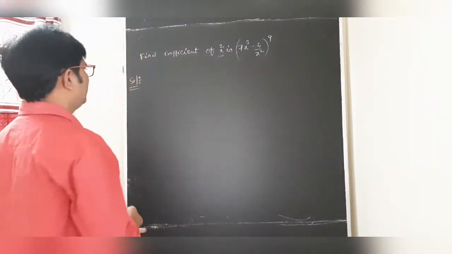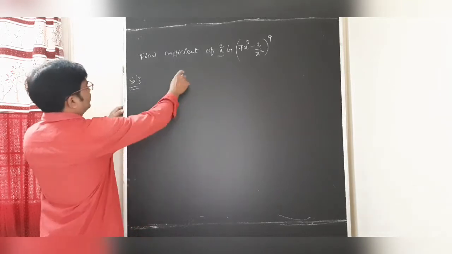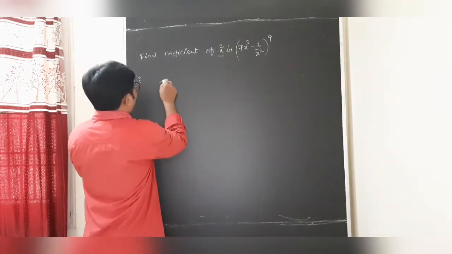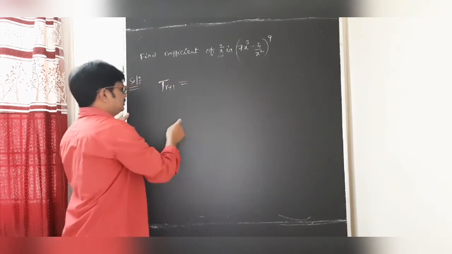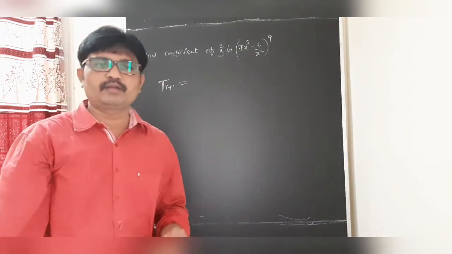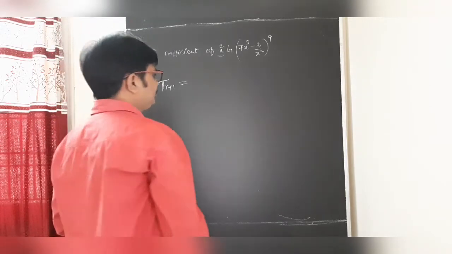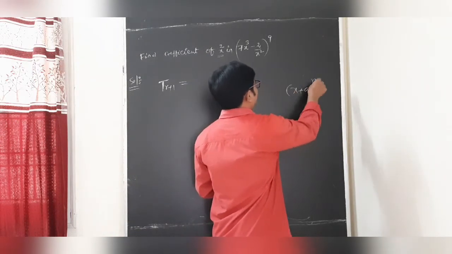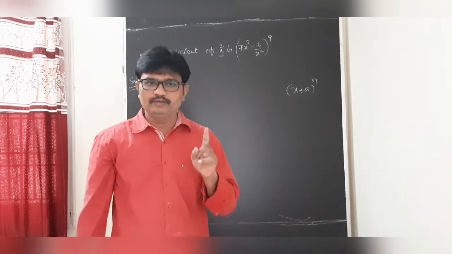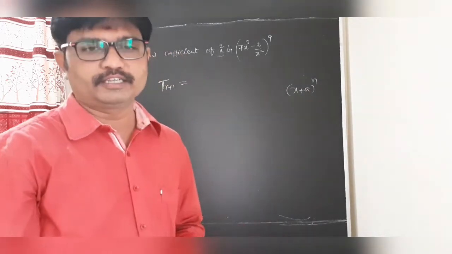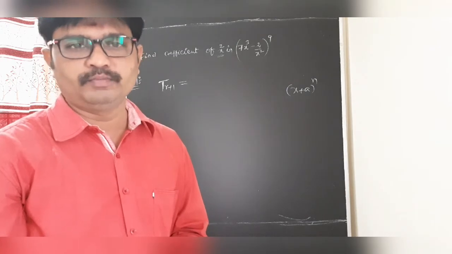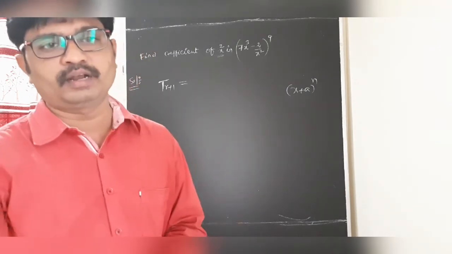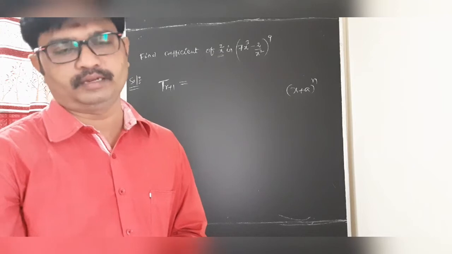So my dear students, now we have to find the coefficient of x square. All of you know that T(r+1) is called the general term. Yesterday we discussed that when we take the binomial (x plus a) whole power n, the expansion is called the binomial theorem.